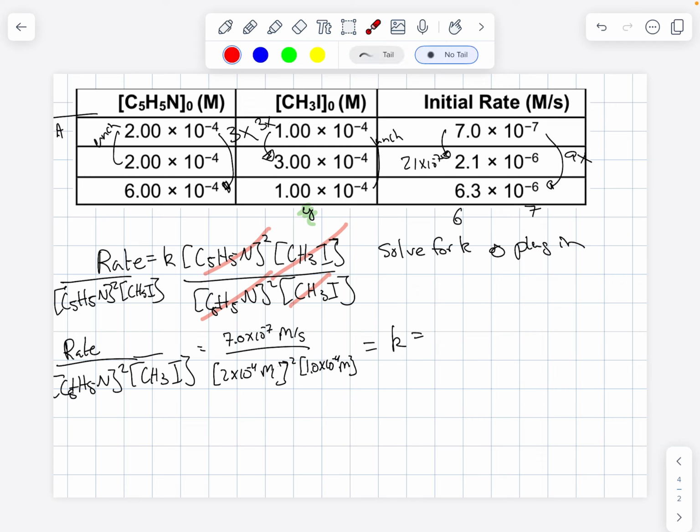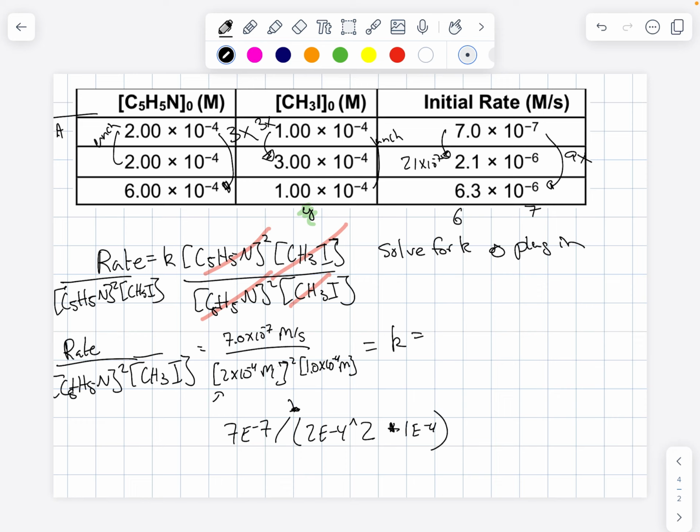Okay, then again, we can plug in and solve here. Remember, when you do this on your calculator, you're going to need to do this as 7e minus 7 over, and then all this stuff is in the denominator, so you need parentheses around it, 2e minus 4 squared times 1e minus 4.